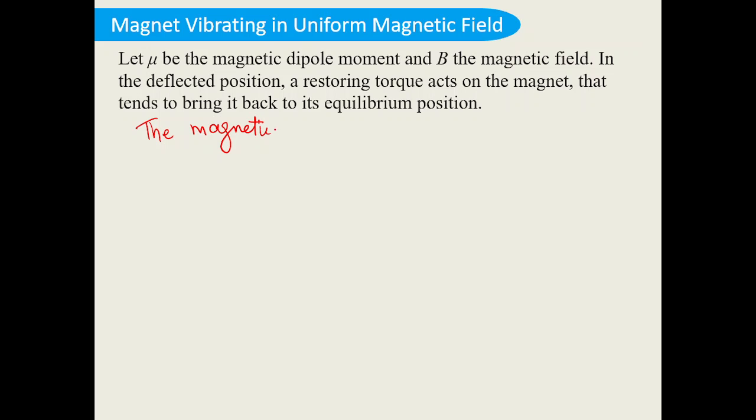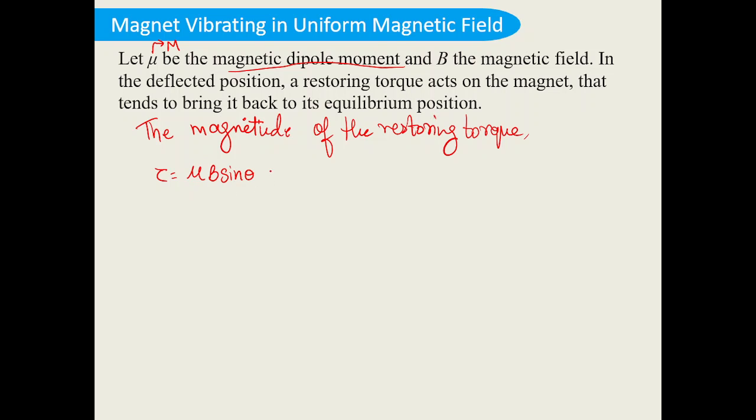It is given by tau equals mu B sin theta. Here mu represents the magnetic dipole moment. In some books it is also written as capital M. Note that capital M and mu are both notations for magnetic dipole moment.